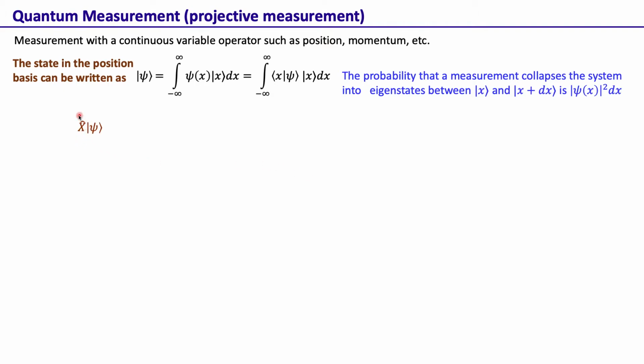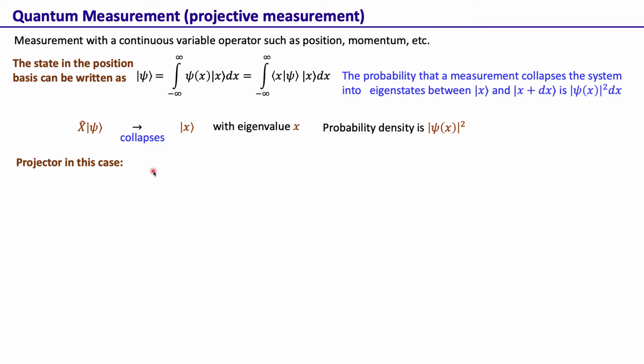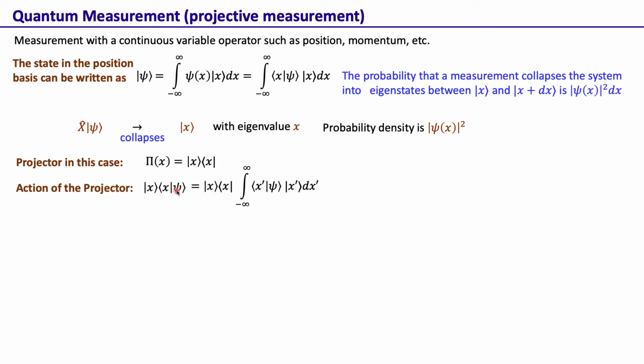Okay, so what happens when this position operator acts on the state ψ? Of course, this measurement collapses the system into one of the eigenstates |x⟩ with eigenvalue x, and the associated probability density here is |ψ(x)|². Now the projector in this case we can write as π_x, that's just |x⟩⟨x|, and we look at the action of this projector on the state ψ.